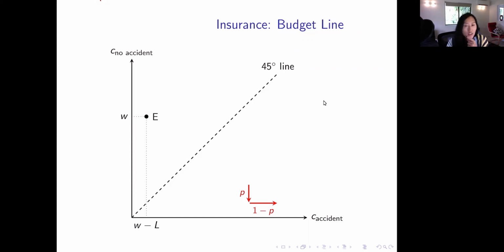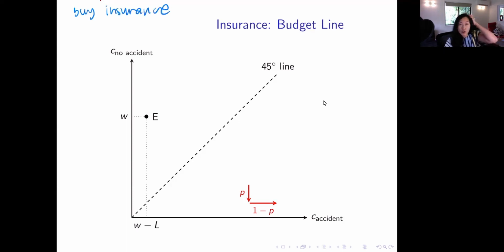Now, if I choose to buy insurance, what is going to affect my wealth in each state? How does it move from point E, for example? Let's say I buy 1 unit of insurance. It has to be affordable.